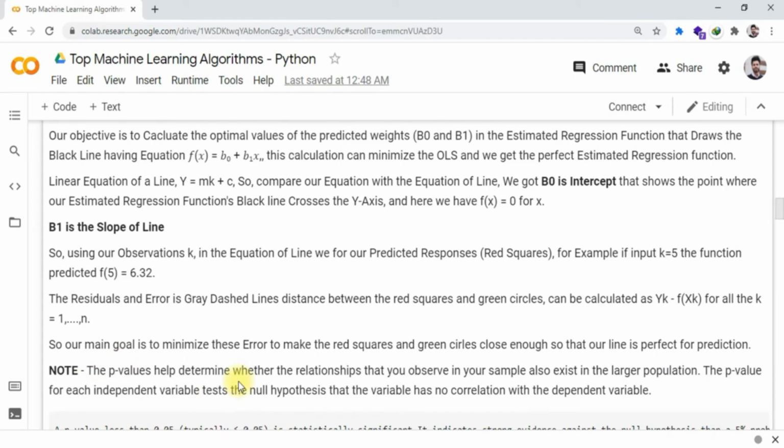There is a note here about p-values. When you are going for the mathematical part or the statistics part, there is always a value called the p-value. That p-value helps you determine whether the relationship you observe in your sample data is also going to exist in the larger population. The p-value for each independent variable tests the null hypothesis that the variable has no correlation with the dependent variable.